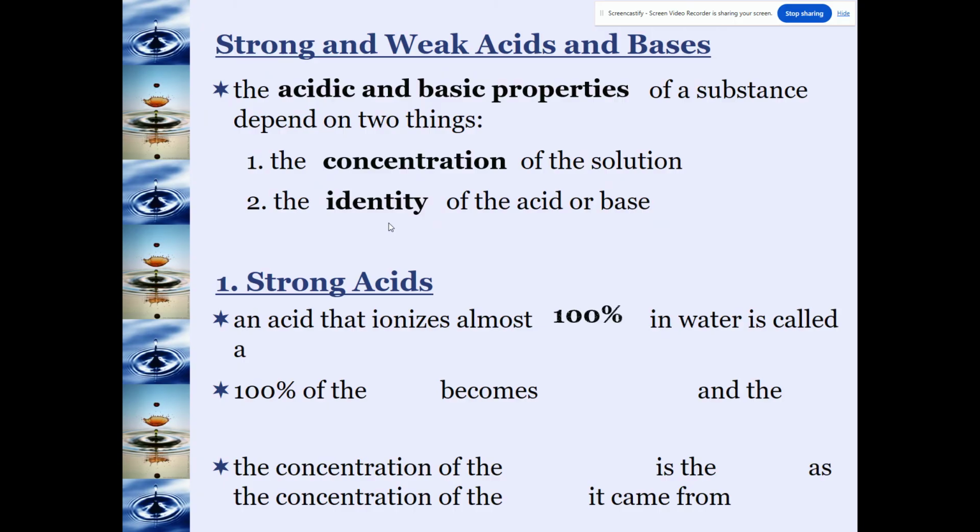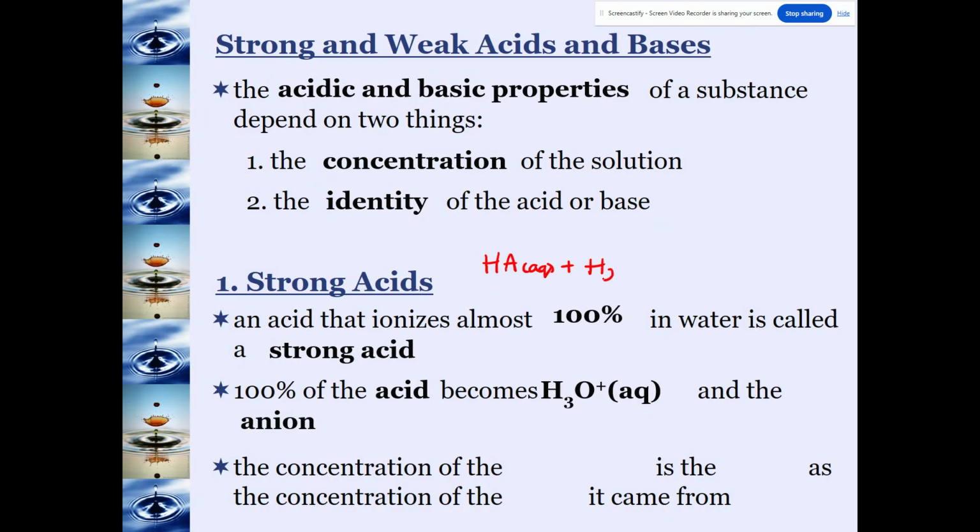So starting with acids, a strong acid is going to 100% ionize in water. That means all of the acid is going to form hydronium ions and the anion. Now why that's important: when I have my acid and it's reacting with water, remember what the acid is doing is donating the hydrogen from the acid to the water to form hydronium and the anion.